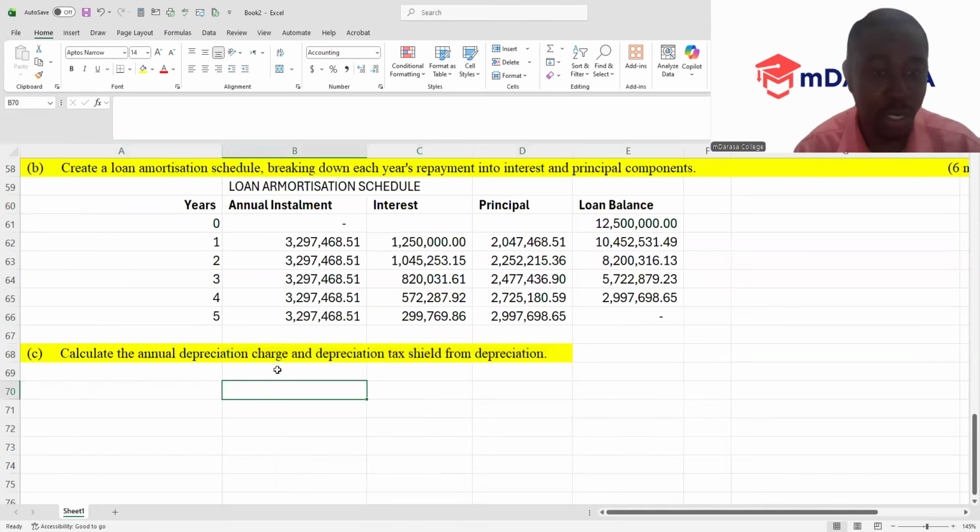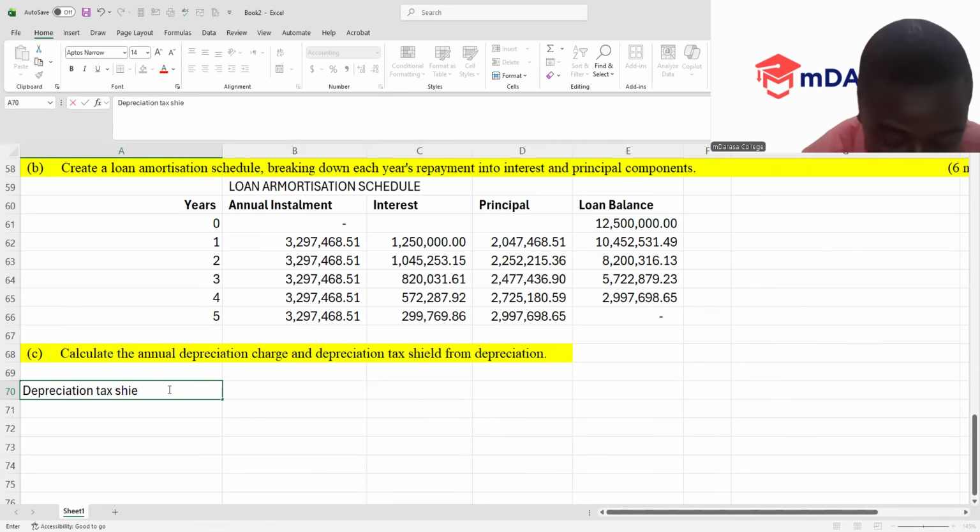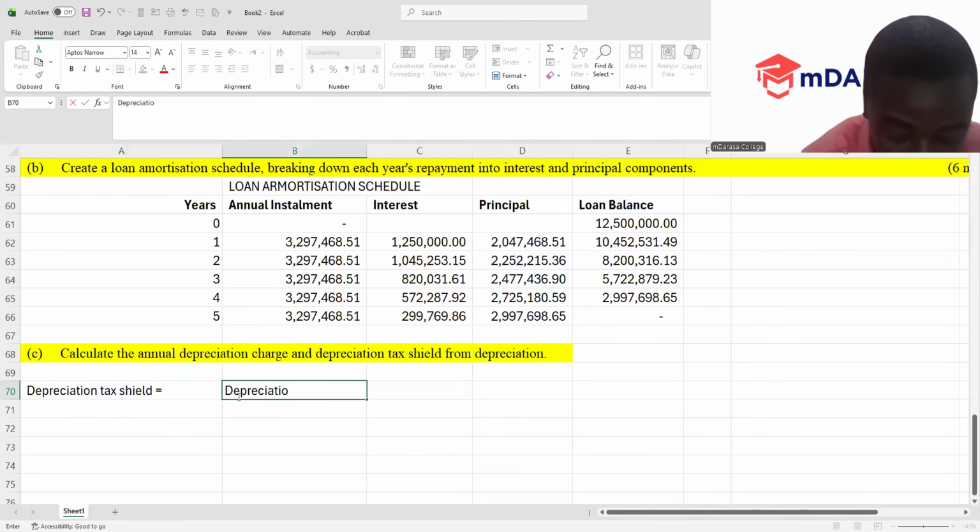Once we have this case, we are asked for the depreciation tax shield. How do we always compute our depreciation tax shield here? If Mwalimu can remind us, we said that in this context, we take our depreciation and multiply by our tax rate.